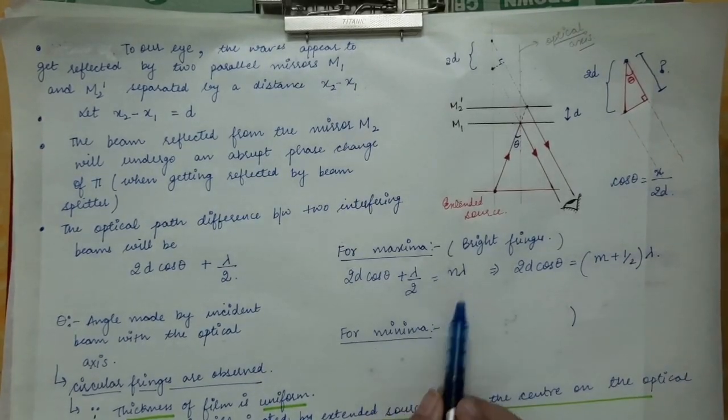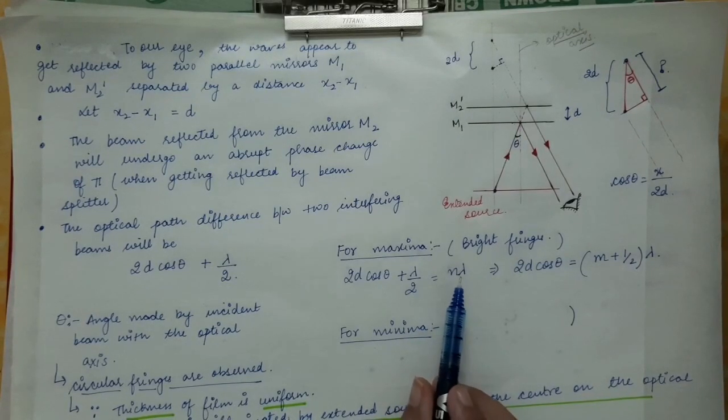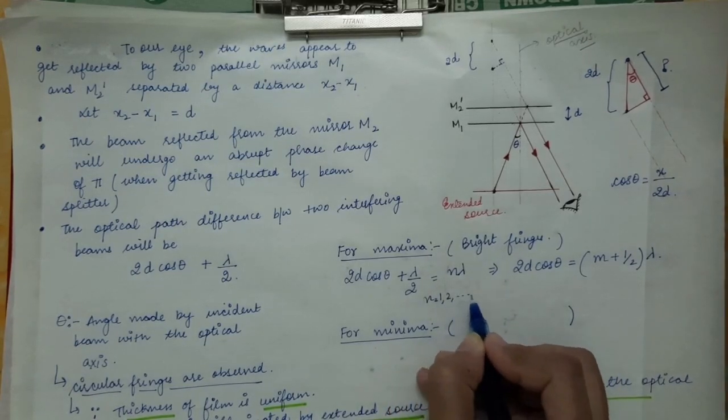You can take lambda by 2 to the right hand side, and that gives you n minus half, where n takes values 1, 2, 3 and so on.